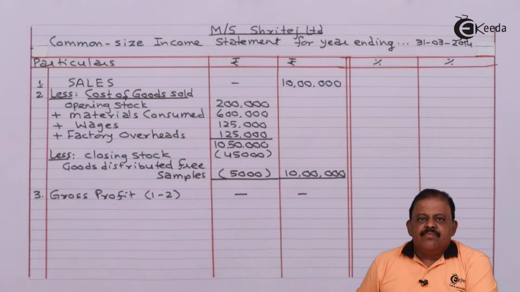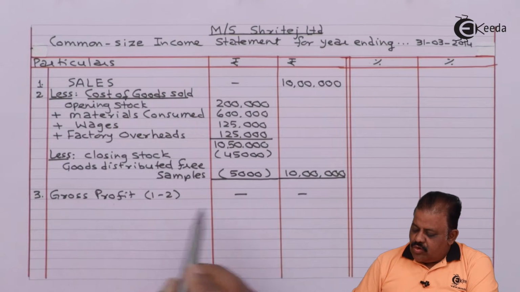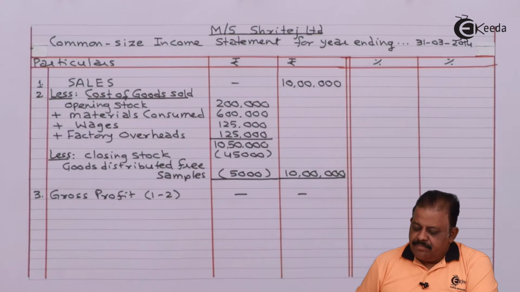Sales 10 lakhs. Cost of goods sold is also 10 lakhs. So gross profit is nil.